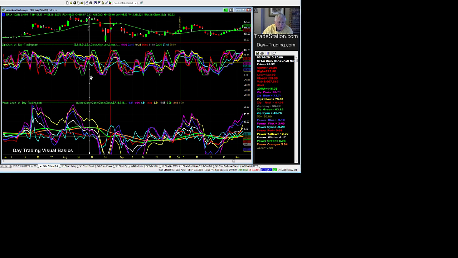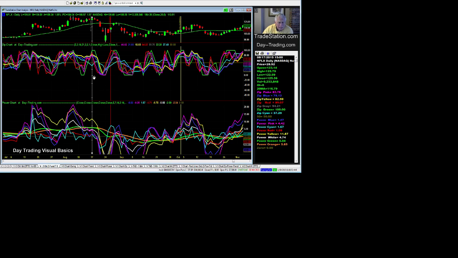And when I move this candle over, we now have zip green at 100 and zip Cyan at 37. So even in this move here, you could in theory take it.